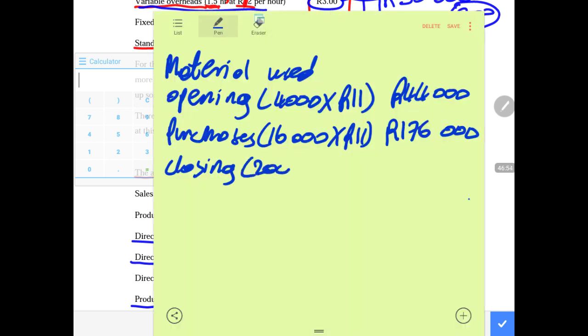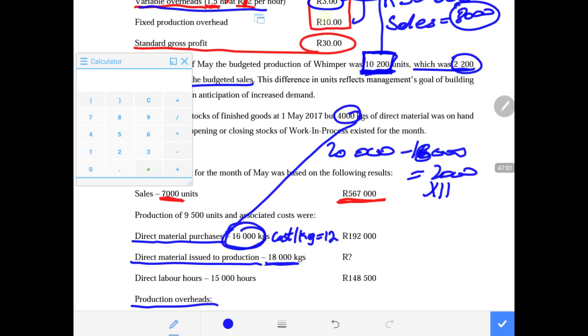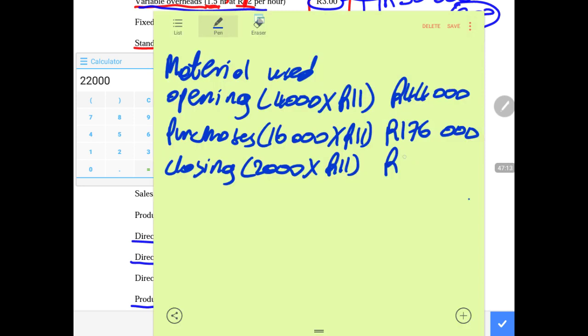So we have 2,000 times 11, which is 22,000 rands as the value of the material that was left at the end.